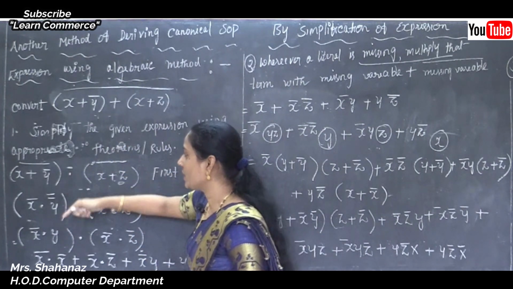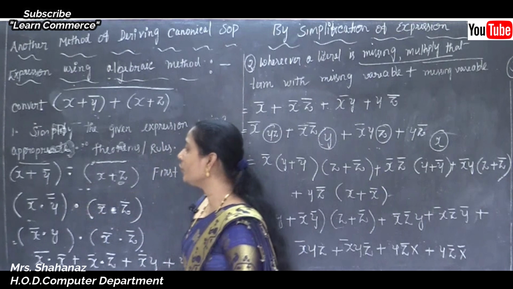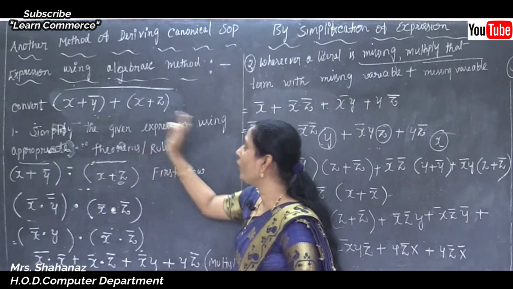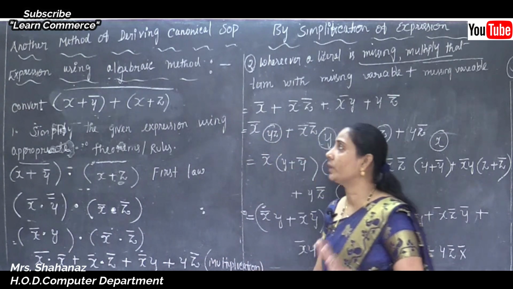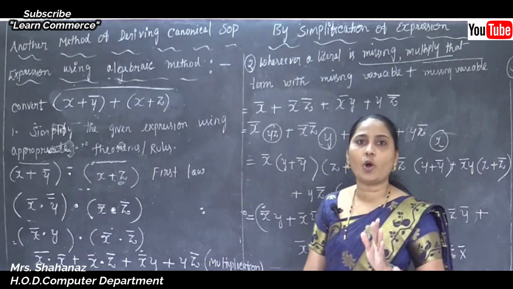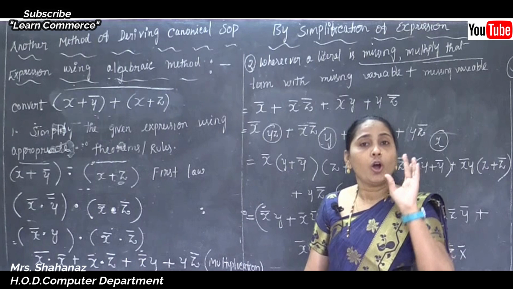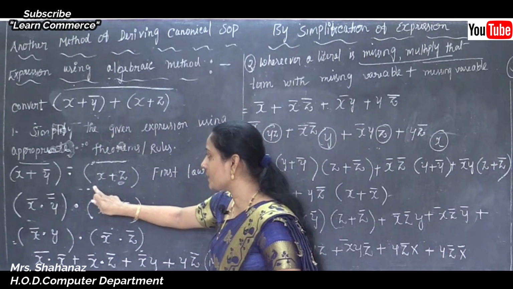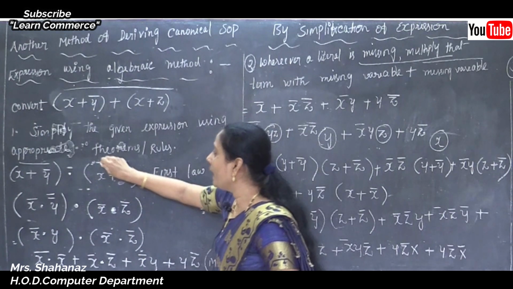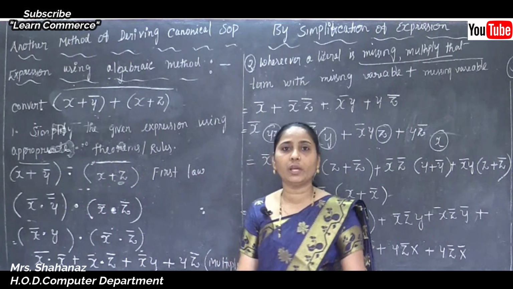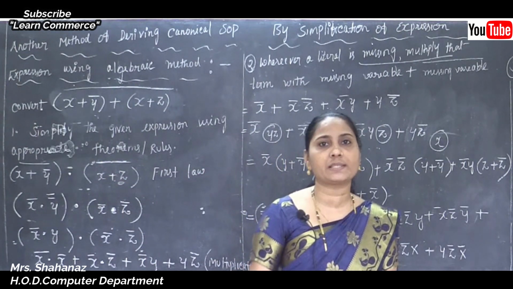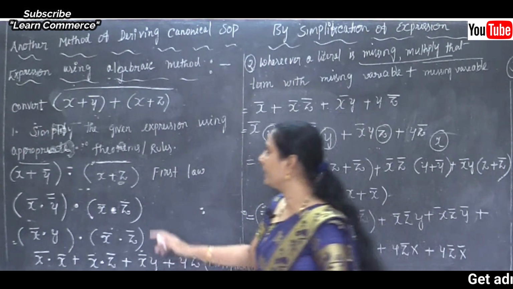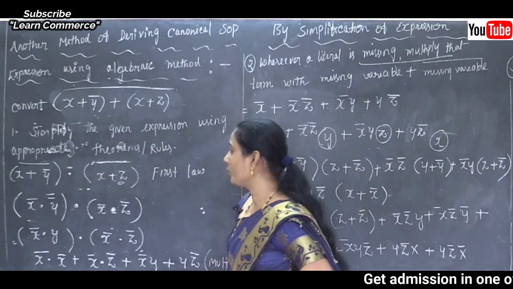Separately I am using it for each function, and next there is a plus sign. So I am changing such a plus sign to the dot sign. Then again I am opening the parenthesis. We know there is no separate complementation for x and z, but the entire complementation is there for the whole function. So I am using opening of the parenthesis x plus z here, and next complementation to the entire function x plus z, and then closing of the parenthesis.